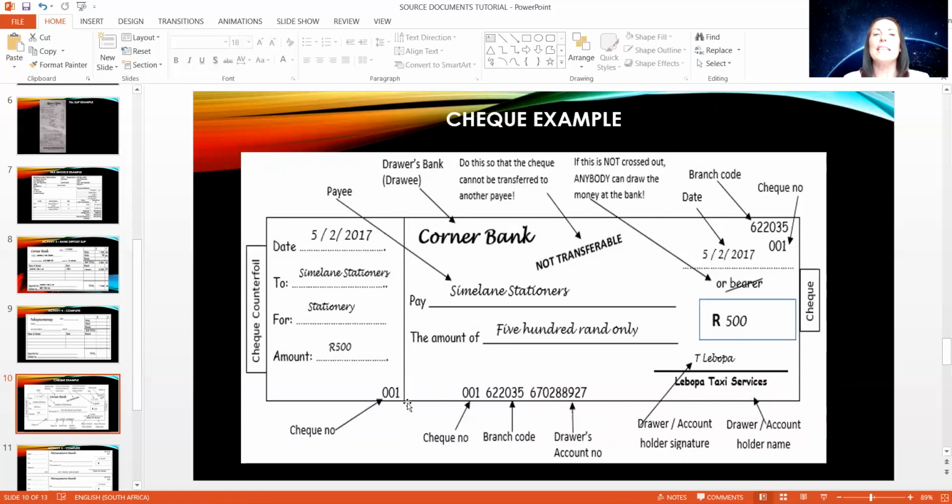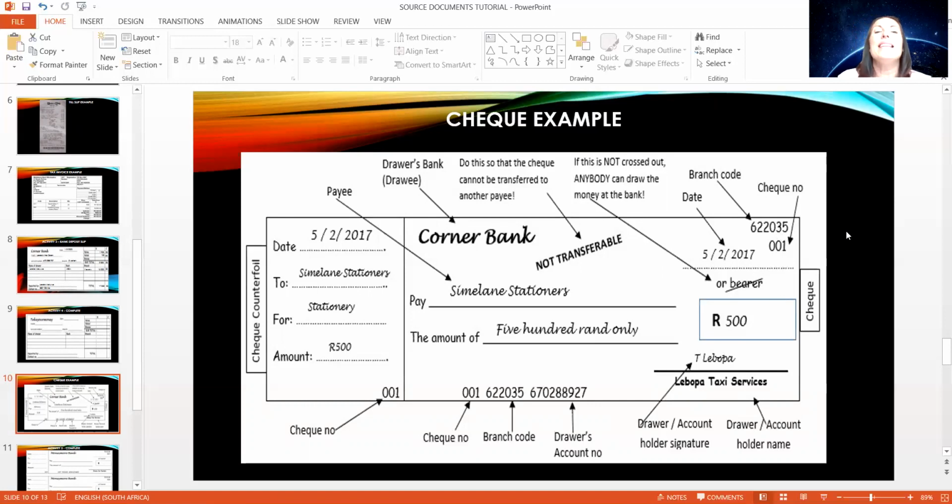So it means you can literally tear out the check, and then the check counterfoil stays behind in the checkbook. Now, as a business owner or as a business, we will then use the checks to make payment to our suppliers, to the municipality, buying stock, etc. So we will issue a check, tear that out of the checkbook, and present that for payment.